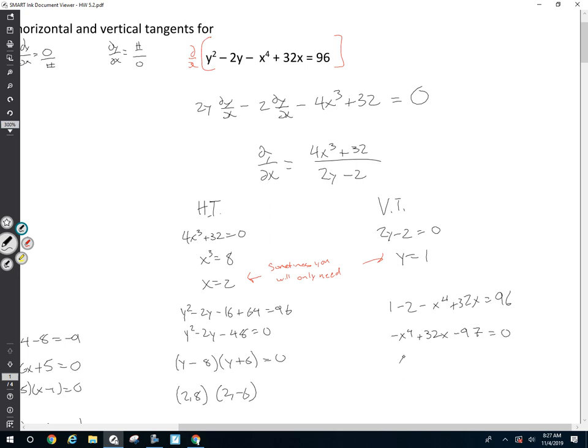Maybe let's flip it and factor out a negative 1. I don't have to, I mean, yeah, I should just leave it out there. Are there two numbers that add to get negative 32 and multiply to get positive 97?